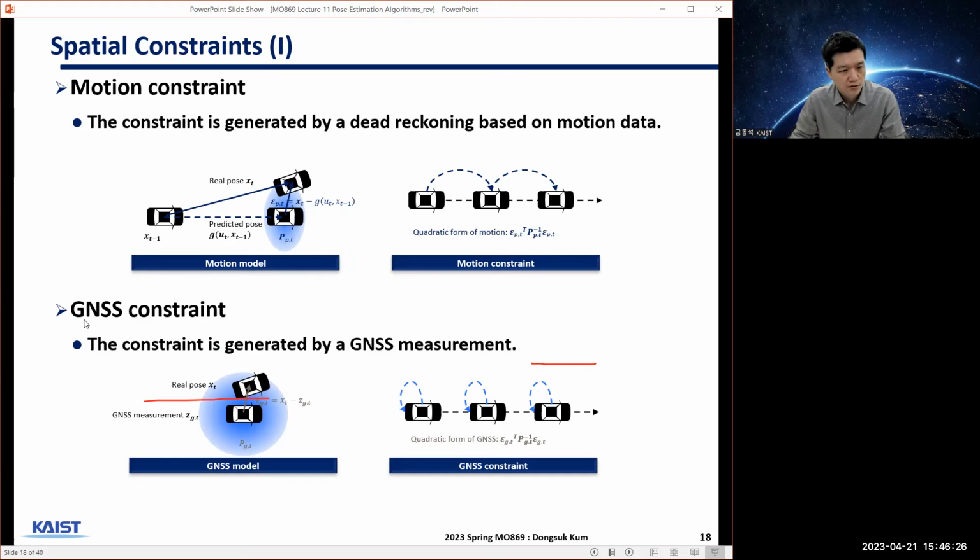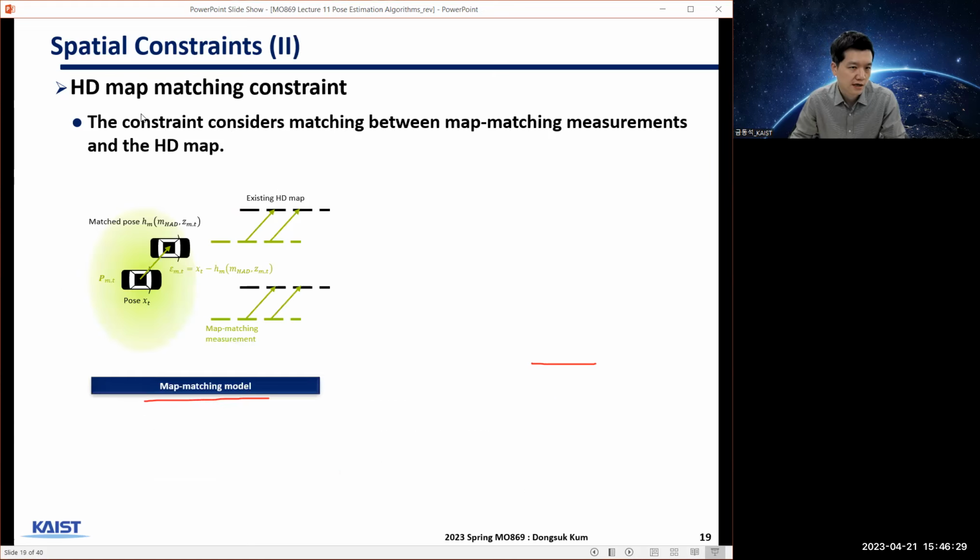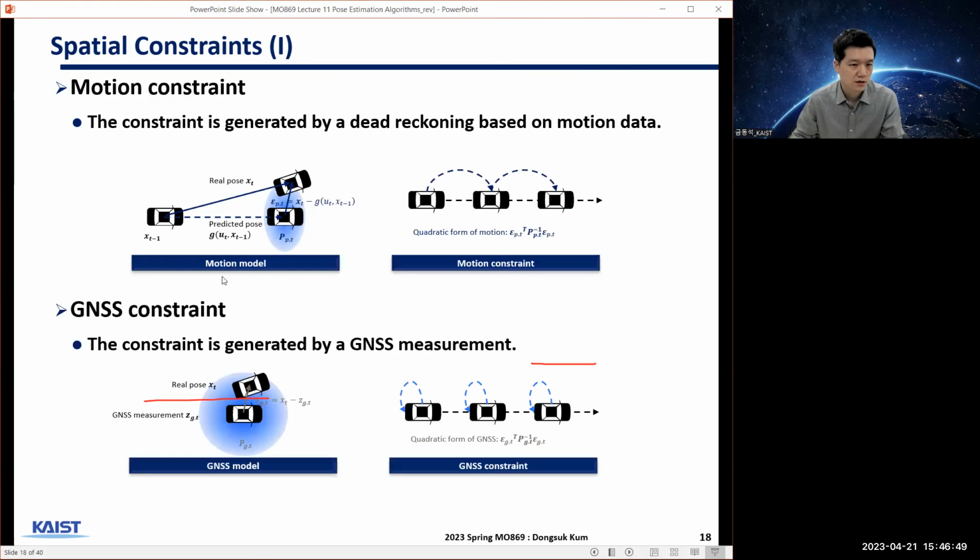But GNSS and map matching will keep it bounded, meaning not diverge, because map and GNSS give you absolute position, whereas dead reckoning and internal sensors only give you incremental information.